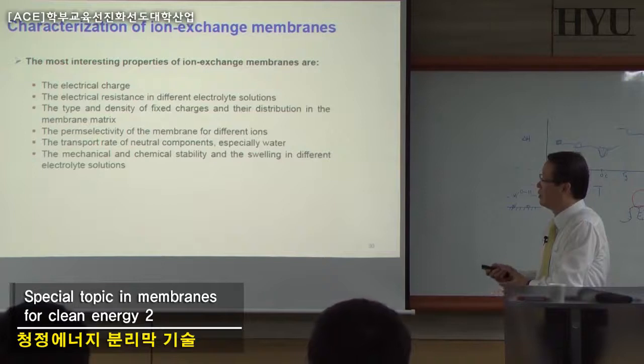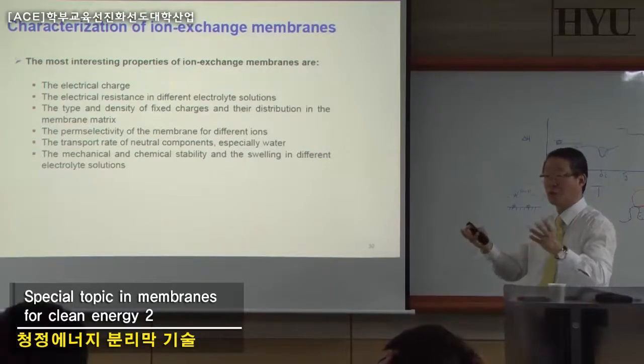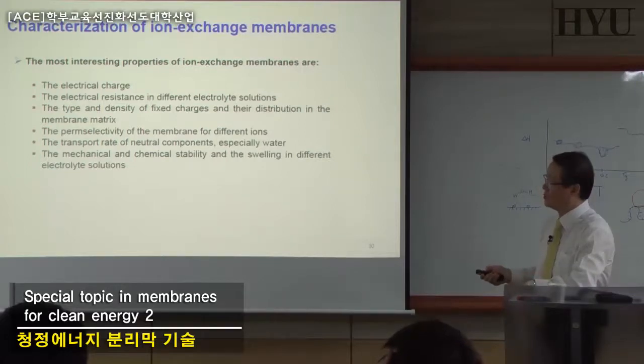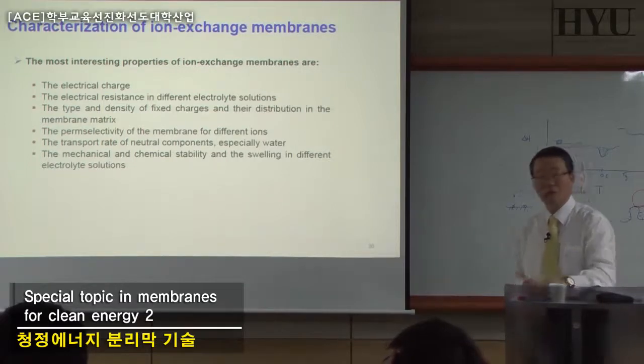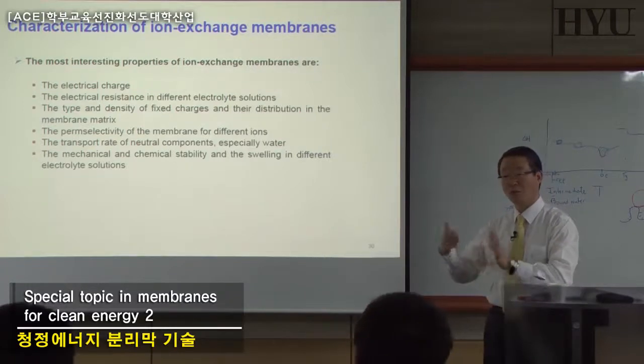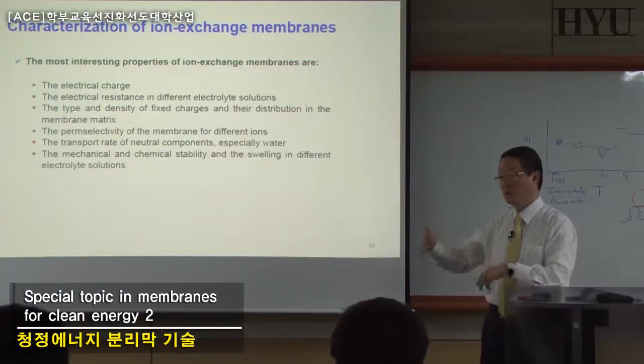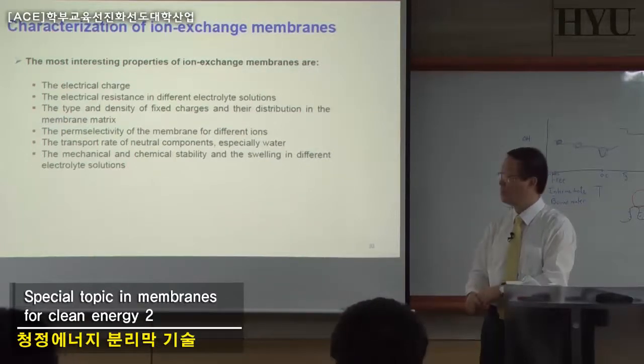We have to think about the swelling as well, water swelling or ion swelling in electrolyte solutions. Now, I just wanted to close this talk, and I will continue this coming Friday, because there is one more issue.